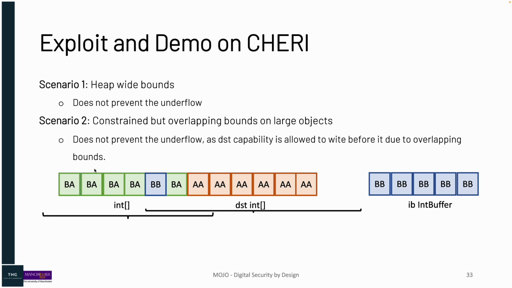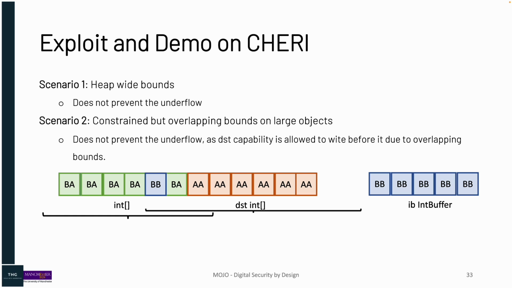I'm showing you this crudely with these overlapping bounds here for this int array and this dest array, which also means that the underflow I was showing you on the page before isn't actually prevented, because we can still write to this int array, which is before the dest array.